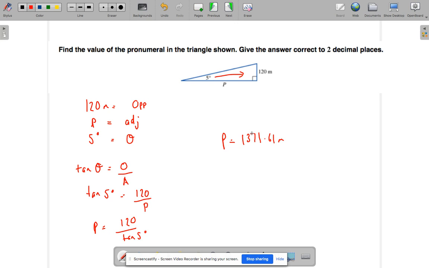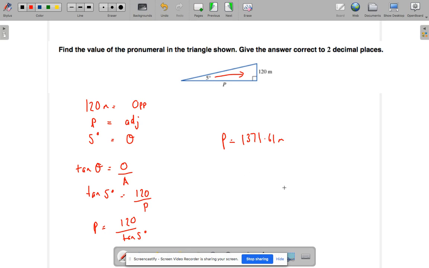Now, you might think that's a big answer compared to 120, but remember that angle there is very small, only 5 degrees. It's not drawn to scale. So if you only go to 5 degrees, there's going to be a long length here compared to the height there. So the gradient, if you like, is only 5 degrees. So that looks about right.